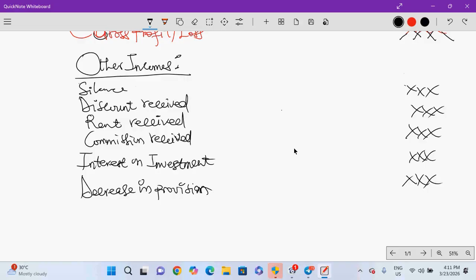Making provision for doubtful debt means you are setting money aside out of your profit to take care of any possible loss that may arise. Money you have made, you could invest to earn more profit in other businesses.